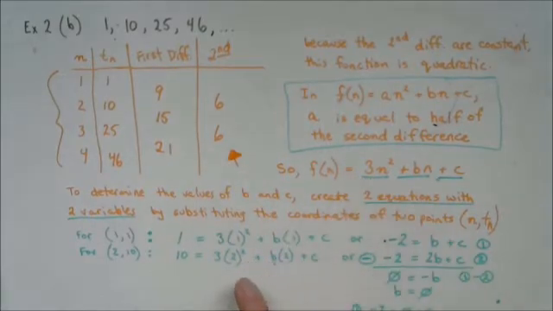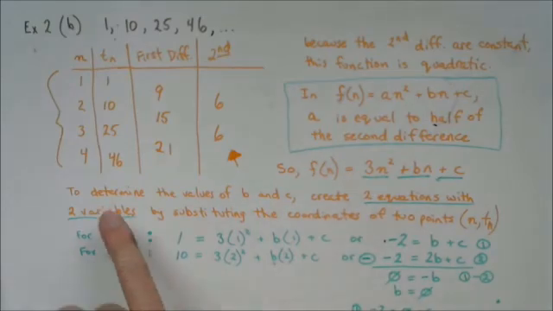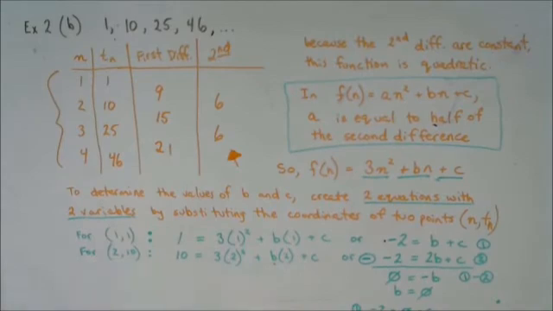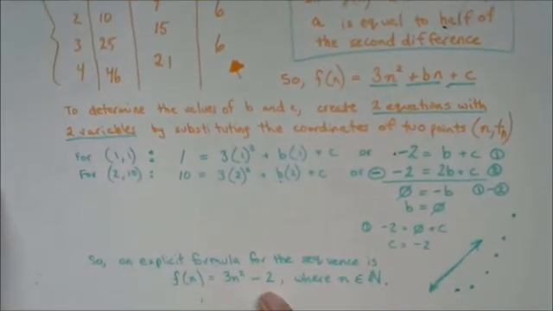And then we were able to use two of the points. We could have used any of them. We could have used 325 and 446, but then it just gets bigger and uglier. We created two equations using two variables. We were able to use elimination in order to solve for one of the variables, sub that back in to get the other variable, which finished out our explicit function for us down here.